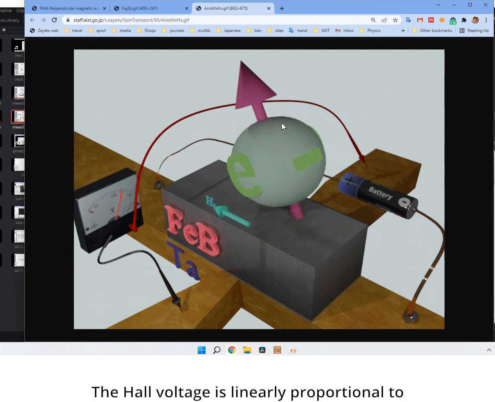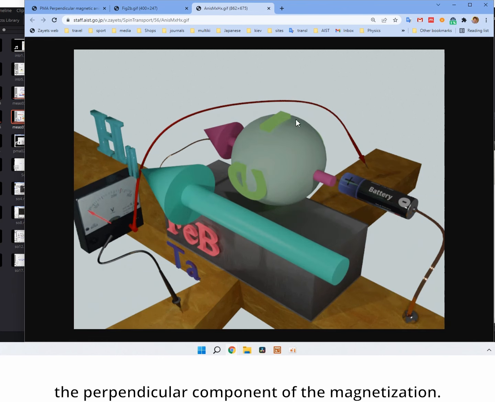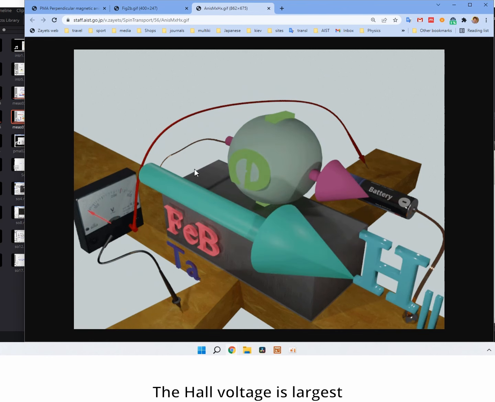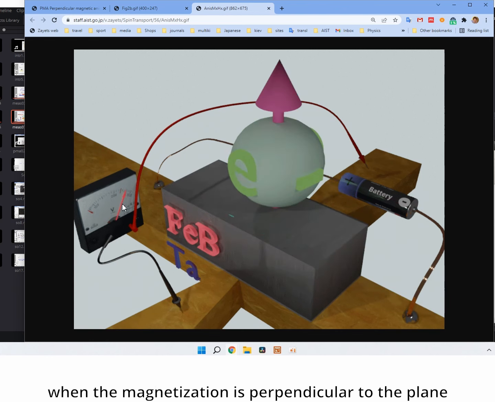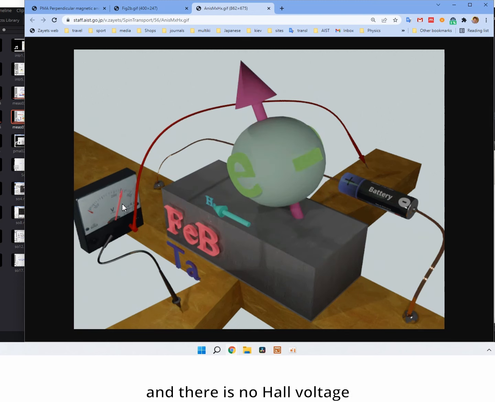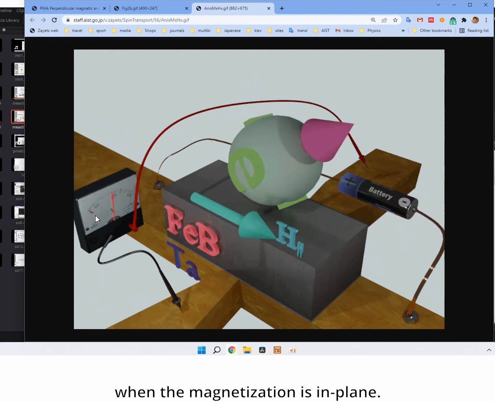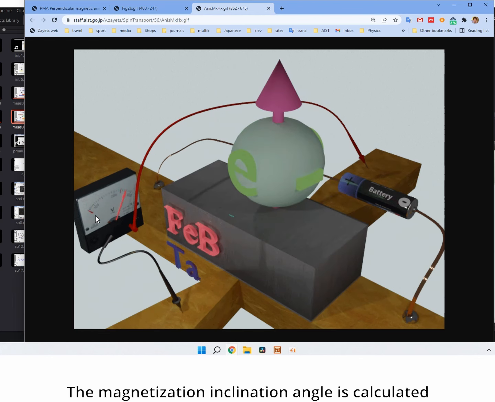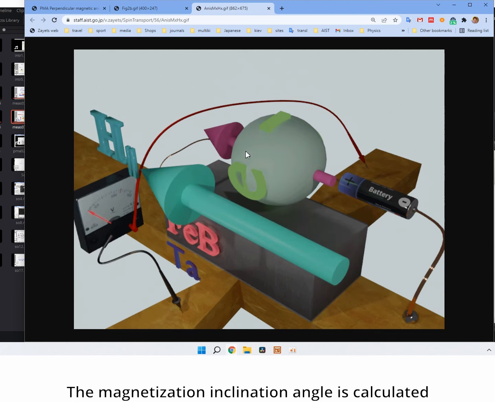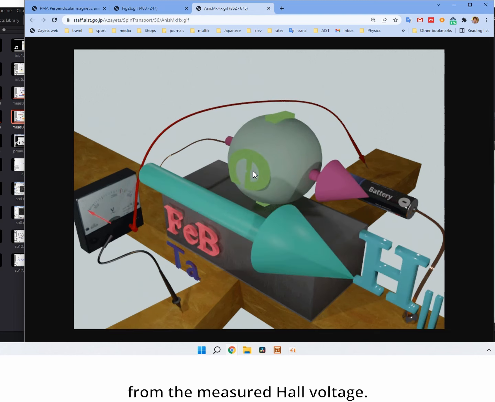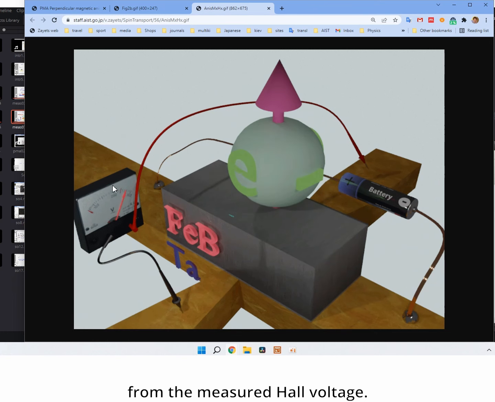The Hall voltage is linearly proportional to perpendicular components of the magnetization. The Hall voltage is largest when the magnetization is perpendicular to the plane, and there is no Hall voltage when the magnetization is in plane. The magnetization inclination angle is calculated from measured Hall voltage.